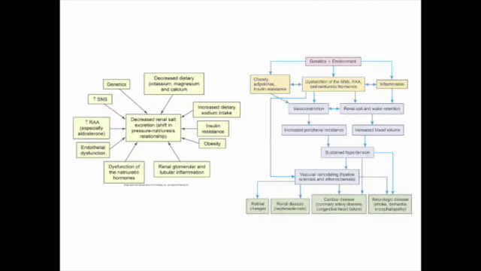Now we'll look at this more in graph form because sometimes it's just easier to understand this way. Look at all the many different things on this side of your screen that relate to a decreased renal salt excretion. Or if you were asked, what causes or contributes to the shift in pressure with the natriuresis relationship, you can see here that genetics, an increase in your SNS, increase in the RAS, especially at the aldosterone level.